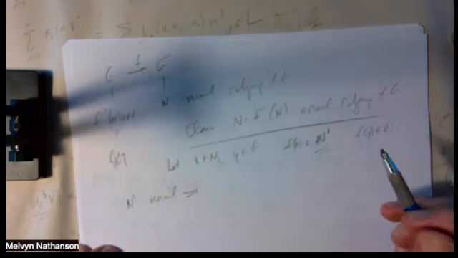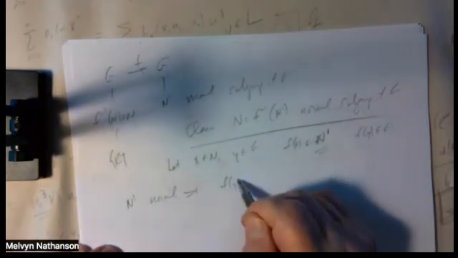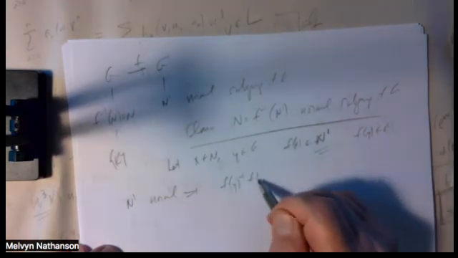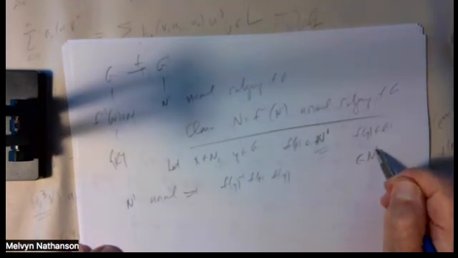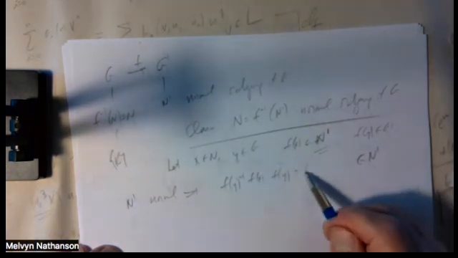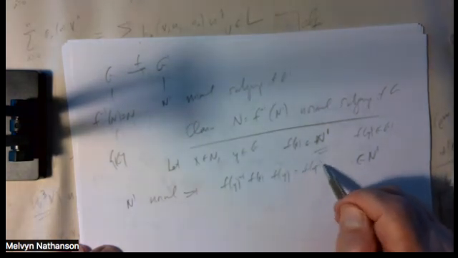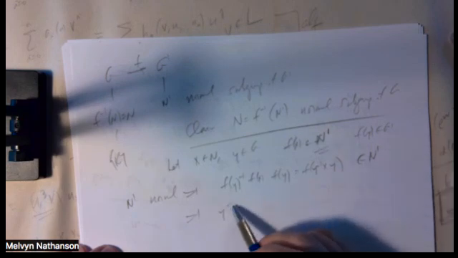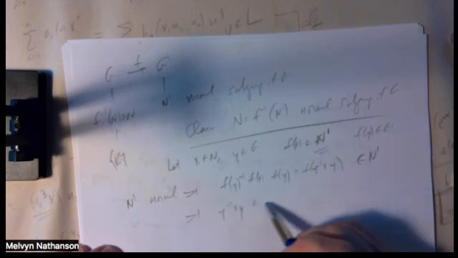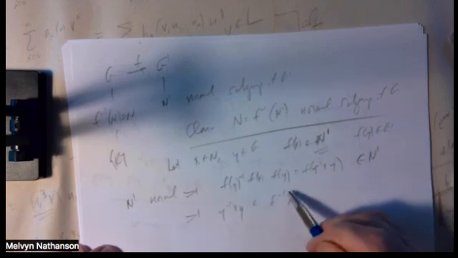N prime normal implies that if I take F of Y inverse, F of X, F of Y, that still is in N prime. But this is F of Y inverse XY, which means Y inverse XY is in F inverse of N prime, which is N. This implies N is a normal subgroup.